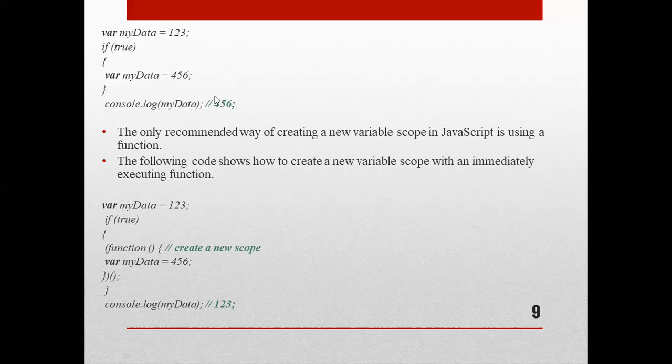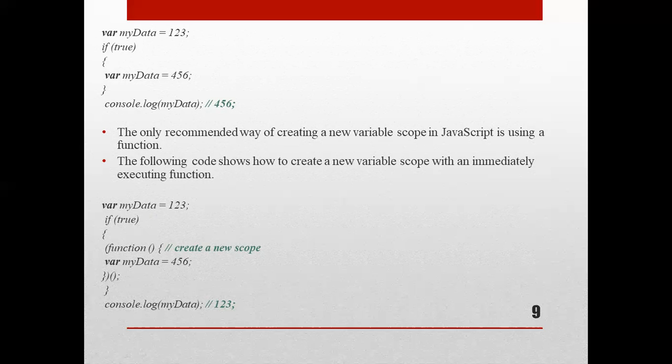So what will it print? It will print 456. Why? Because variable myData is 123, if it is true, then it will execute this, so we print the myData value, that is 456. The only recommended way of creating a new variable scope in JavaScript is using a function.